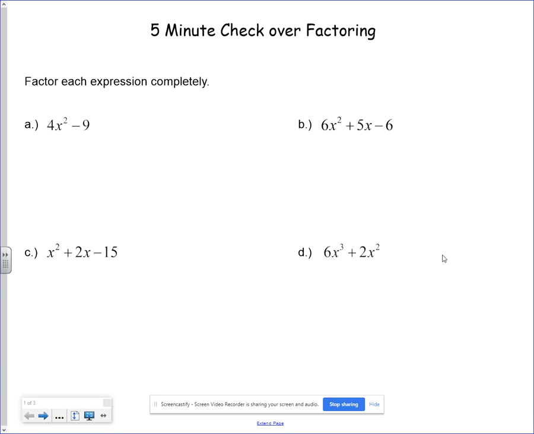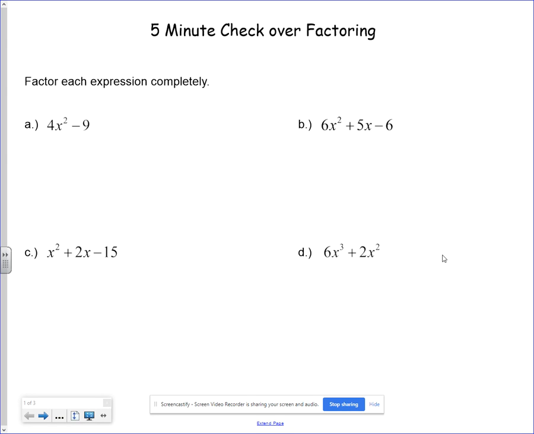Okay, so let's look at A here. We got 4x squared minus 9. We want to factor this. Well, the first thing that we need to do when it comes to factoring is always look for a greatest common factor. Is there a greatest common factor that goes into 4x squared and 9?